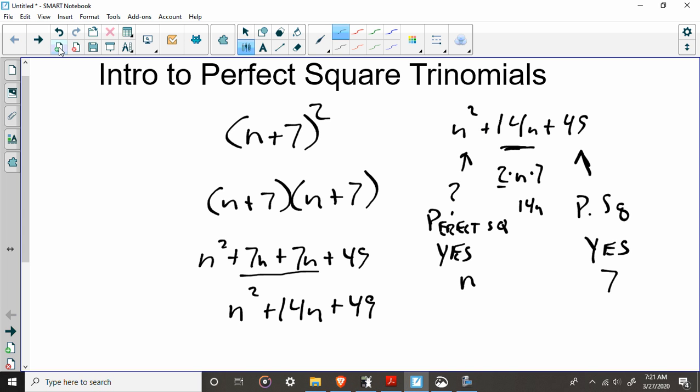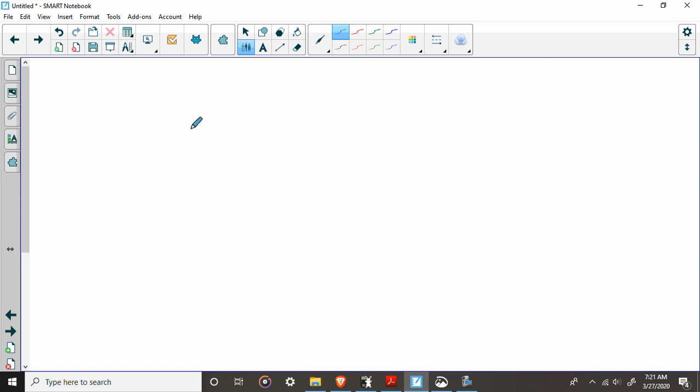So let me put up another one here that I know works. So let's say I said x squared plus 16x plus 64. Okay. Well, again, is this a perfect square? Yeah, right. Square root of x squared is x.